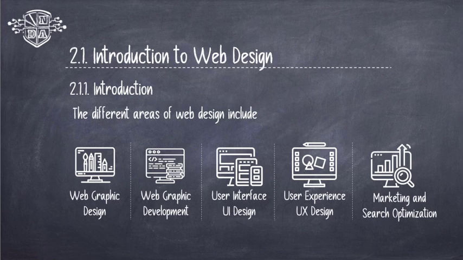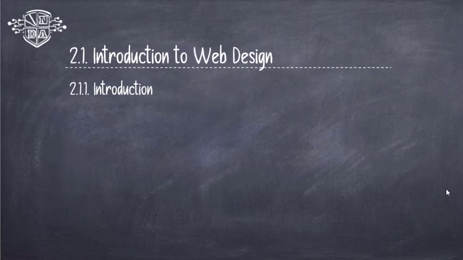So when somebody searches that product or web design, your product should be the first, at least the first three to appear on the search engine. So these are the different areas that we are going to look at. Maybe later on, step by step, talk about web graphic design, talk about development, UI design, UX design, and search engine optimization.